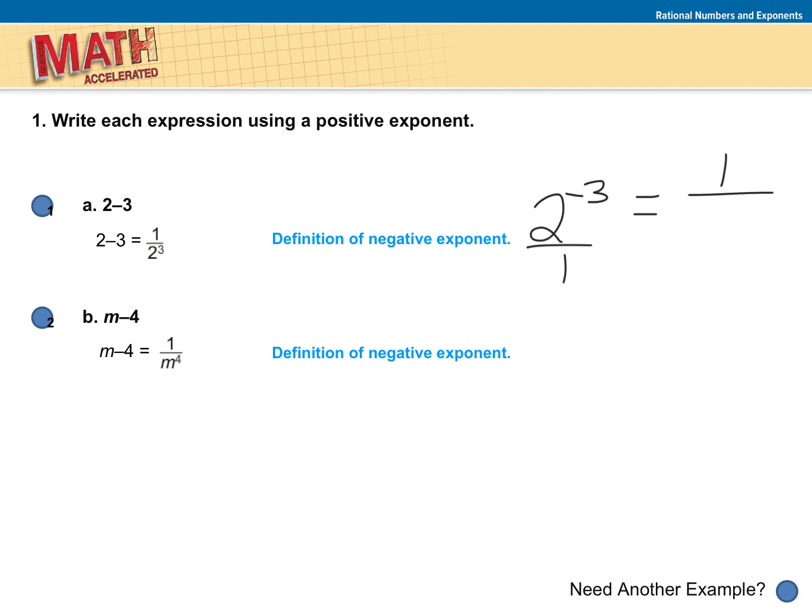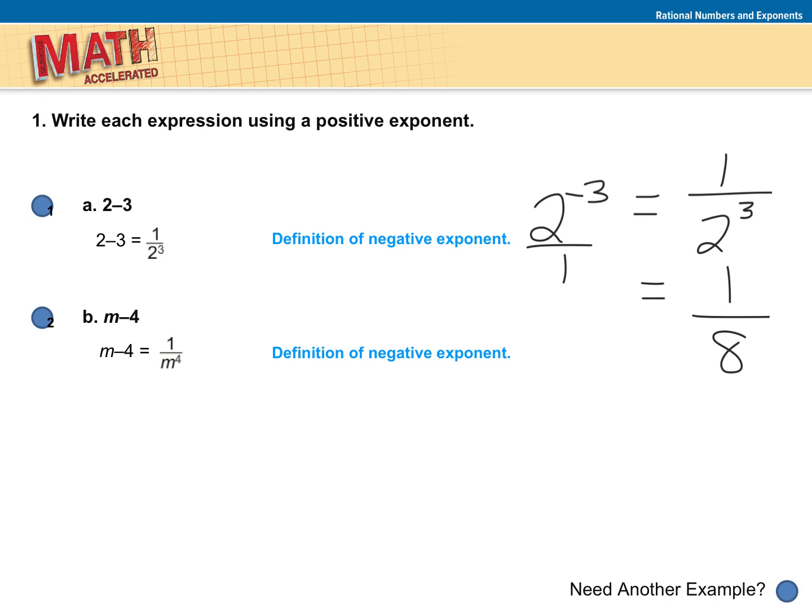So we do 1 over, what do I have on the bottom? 2 to the third. Remember, don't put the negative there, because the whole point of flipping it was to get rid of the negative. So now what is 2 to the third power? 2 times 2 is 4, times 2 is 8.